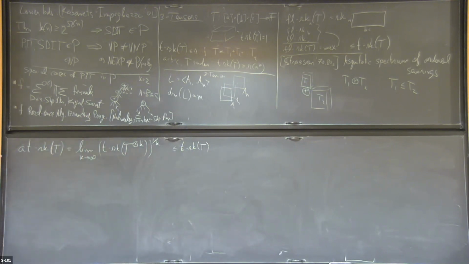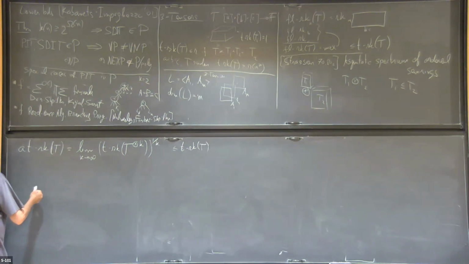There are many reasons to be interested in this, but the primary reason is matrix multiplication. So first of all, matrix multiplication is a tensor. The problem of computing matrix multiplication is basically the question about what's the tensor rank of the matrix multiplication tensor.